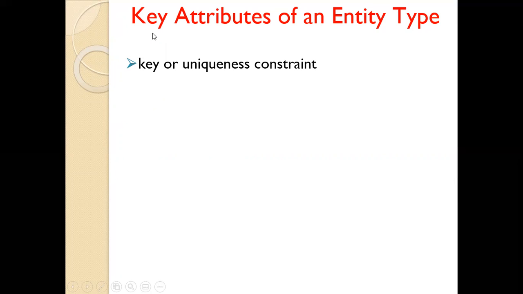Such type of attributes are referred to as key or unique constraint attributes. For example, if we take student entity type, a student will be uniquely identified with the help of university seat number, that is USN.